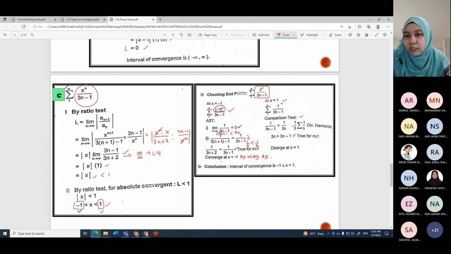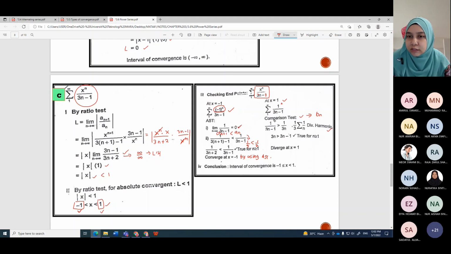Contoh kat sini, dia gunakan comparison test lah. Awak boleh gunakan limit comparison ataupun integral test. Test yang 6 tu boleh gunakan lah. So, untuk comparison test, kita perlu gunakan Bn lah kan. Cari Bn. So, Bn dia adalah 1 over n. So, it is harmonic, diverge.